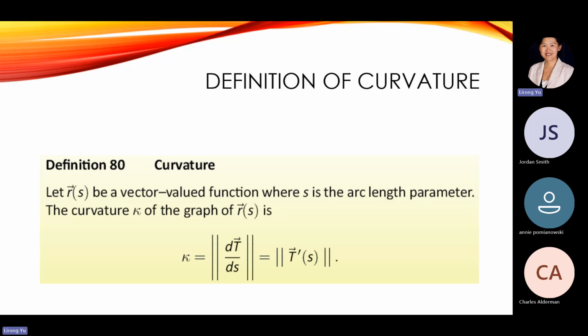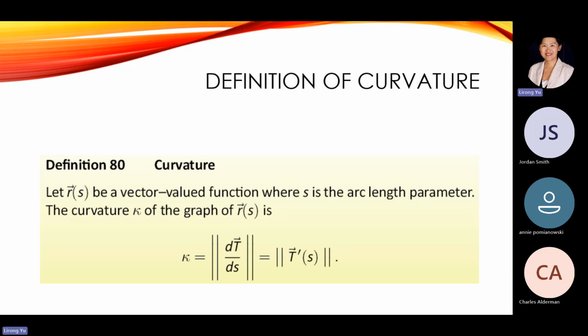Now, T represents the direction of the curve. T prime is perpendicular to T. The magnitude of that is what we call K. T prime is a vector that has magnitude and direction.